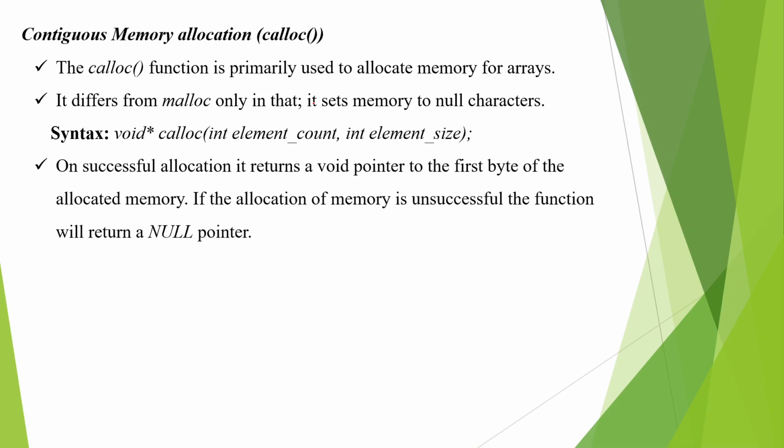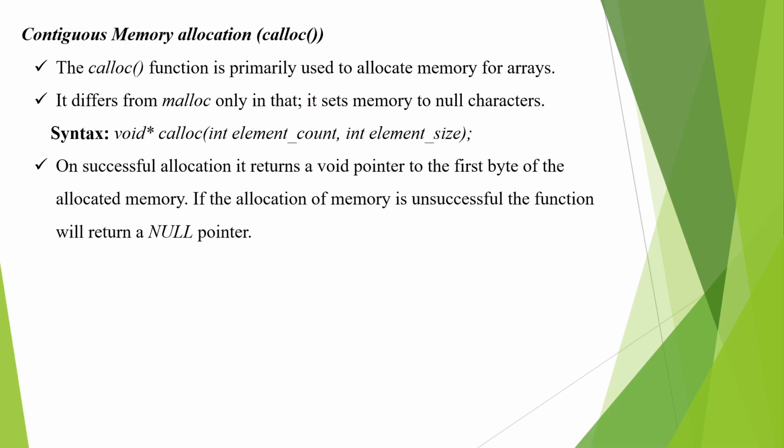It is also a dynamic memory allocation function from the stdlib.h, standard library header file. It is different from malloc, as it sets the memory locations to null characters, so it makes them empty. We said malloc will allocate the memory locations from the heap, and those memory locations will remain uninitialized.